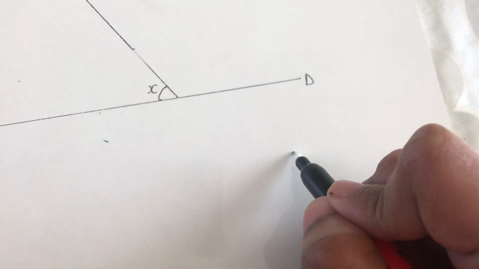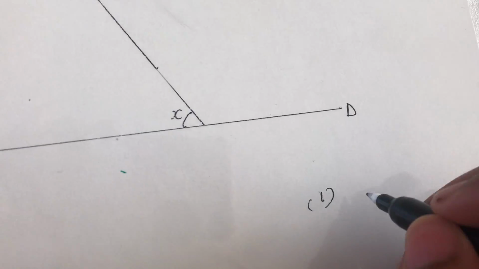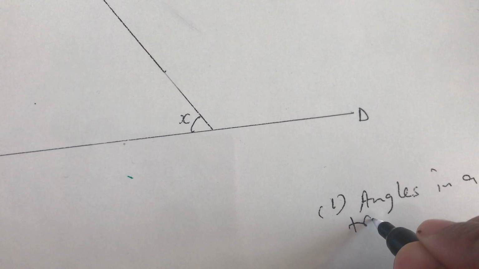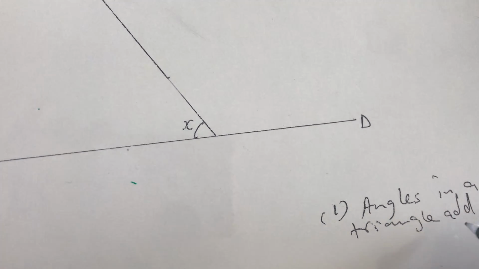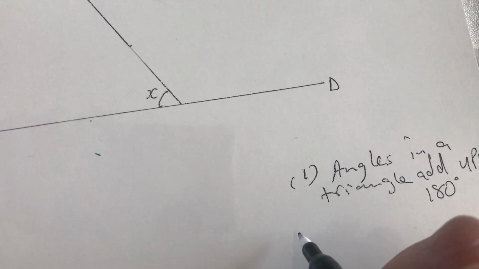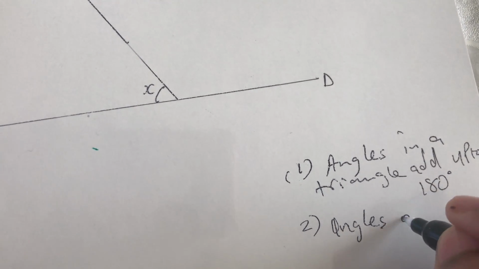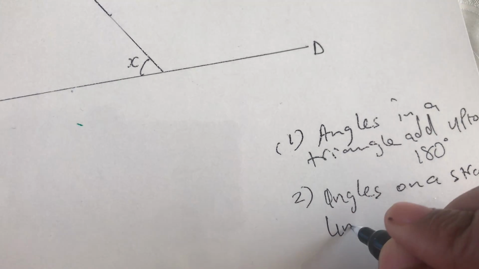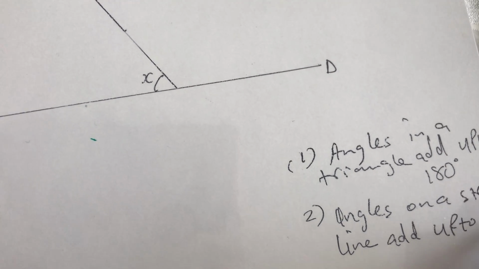So I know angles in a triangle add up to 180 degrees. I also know angles on a straight line add up to 180.